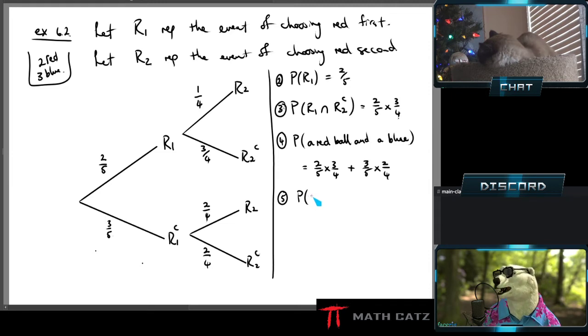Now remember, the event that they're looking for comes first in my probability representation. Red ball second, given red ball first. Don't swap these or it's wrong. Even though the sentence might swap them around, when I write the probability, I cannot. I have to do it in the right order. The given information is always after this line. So now I recognize, of course, it is a conditional probability.